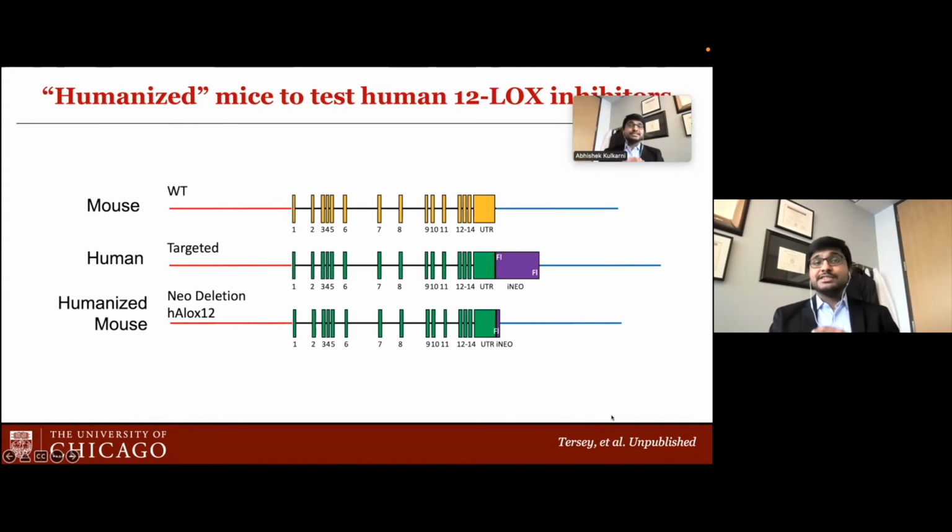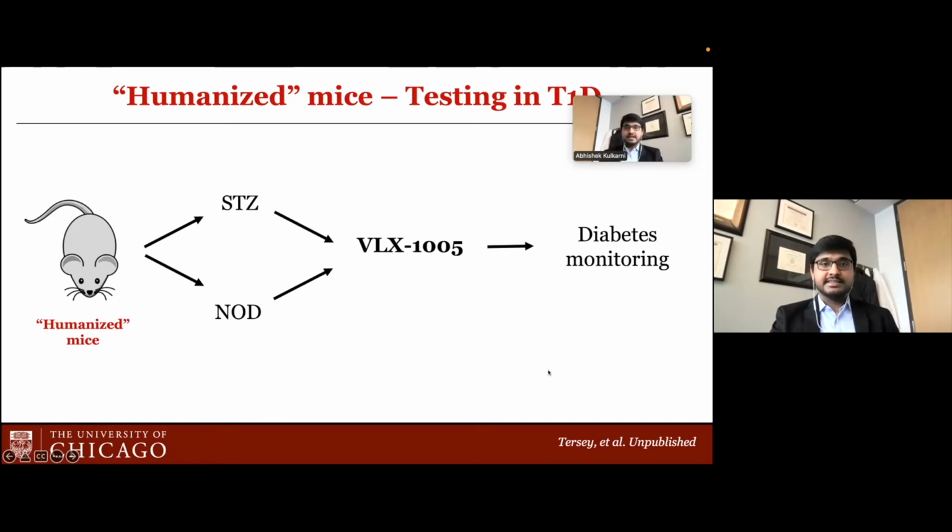Finally, with translational interests in mind, we then decided to generate humanized 12-LOX mice. And we generated them by replacing the mouse 12-LOX gene with the human 12-LOX, keeping the mouse elements intact. After generation of these humanized 12-LOX mice, we subjected them to different models of diabetes.